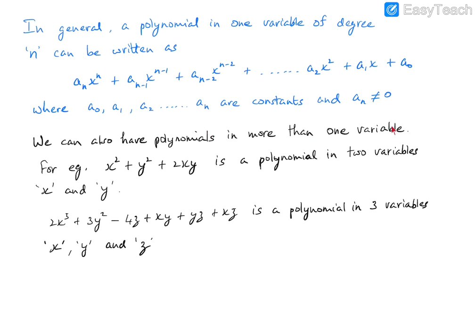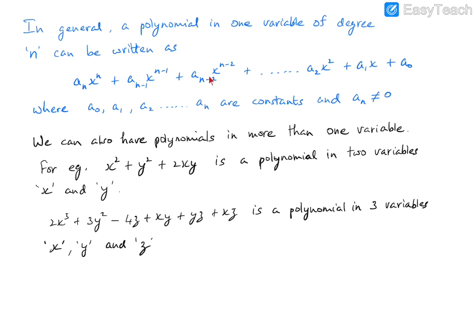We can also have polynomials with more than one variable, and we will cover that in later topics. But the focus for the next few videos is going to be polynomials in a single variable. But we can also have polynomials in more than one variable, as we have in this example here. So this is a polynomial expression which has two variables, x and y, not just x.